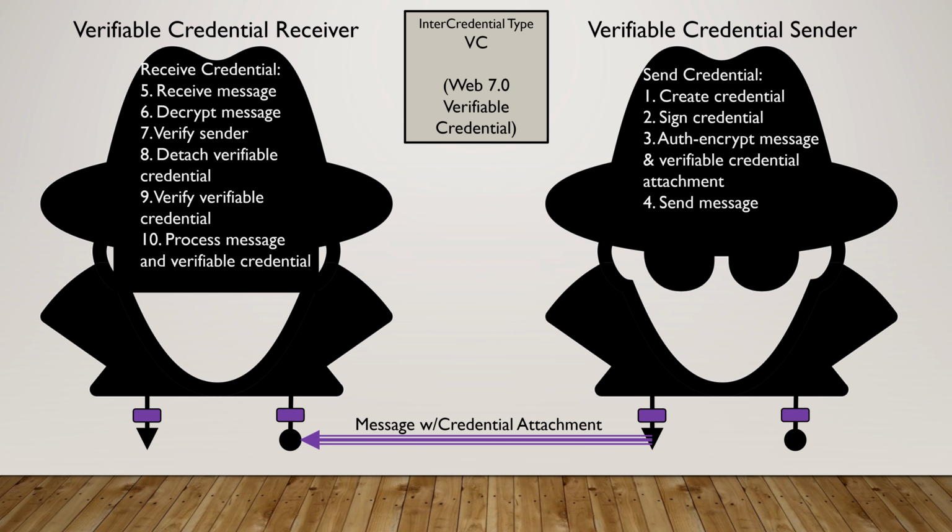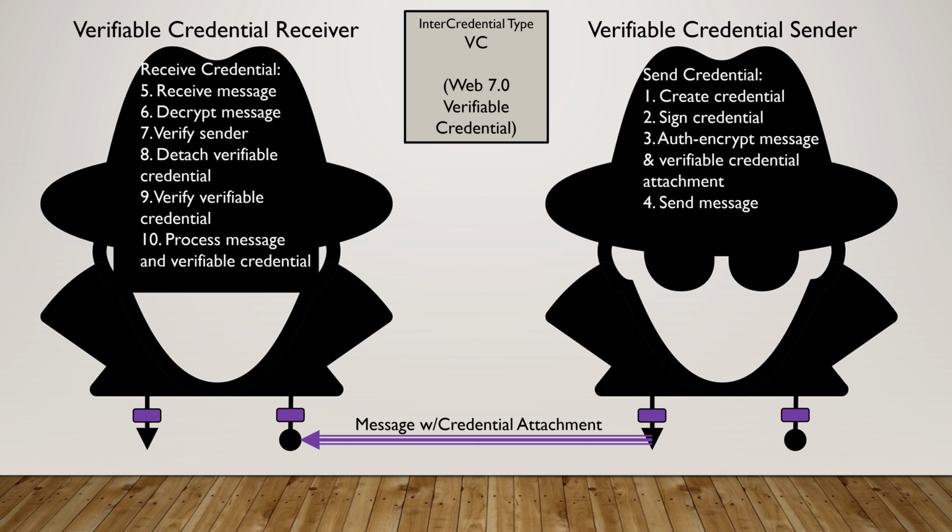How does a verifiable credential sender send a verifiable credential to the verifiable credential receiver? There's one additional step on each side of the sending-receiving diagram.